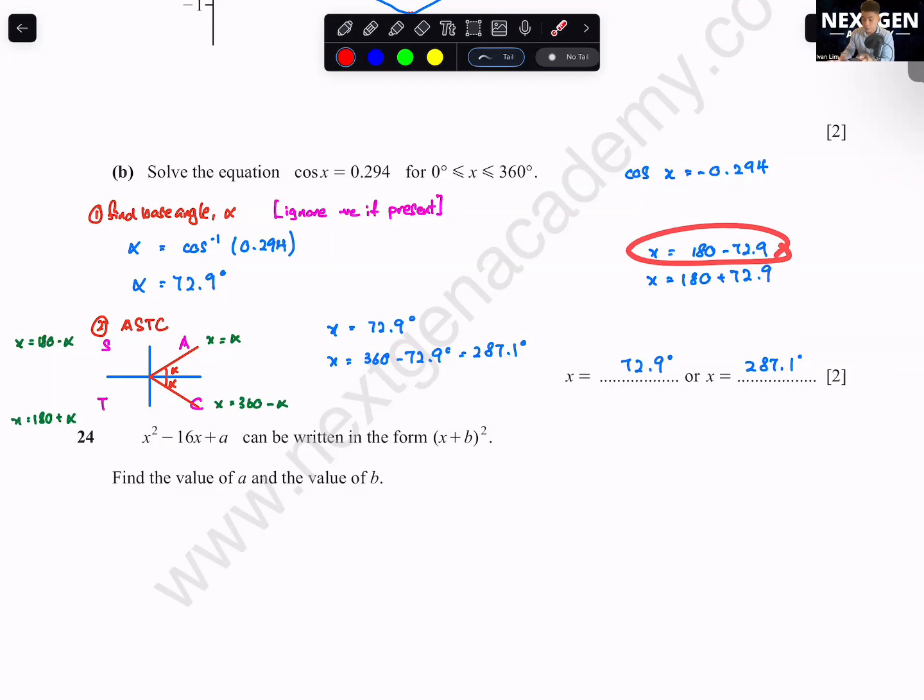So the thing is, you don't put the negative value. You need to find your base angle first. Whether it's positive or negative, your first step is still to find your alpha first, which is 0.294. So you ignore the negative first. The positive and negative is to figure out which quadrant you put in at your A, S, T, or C.